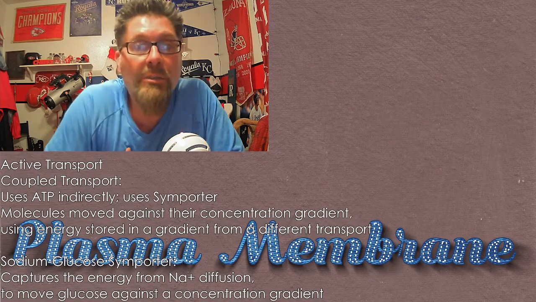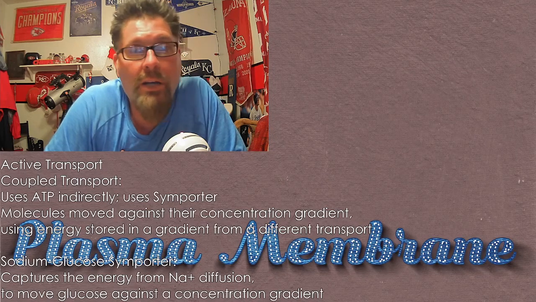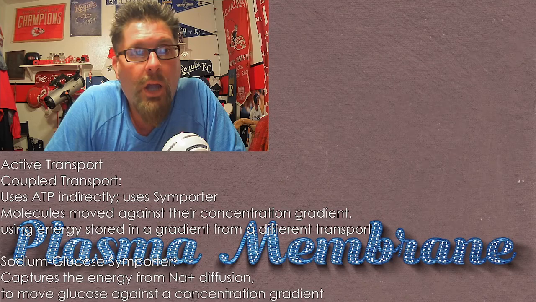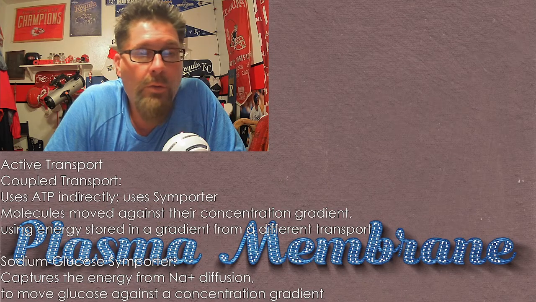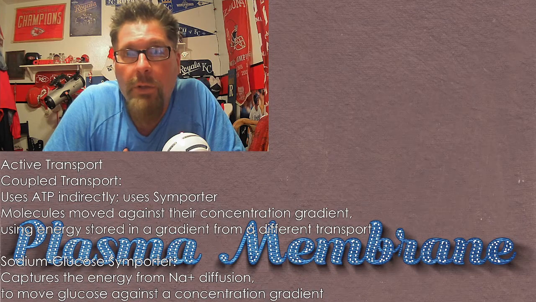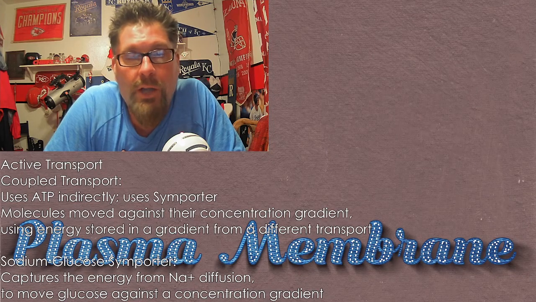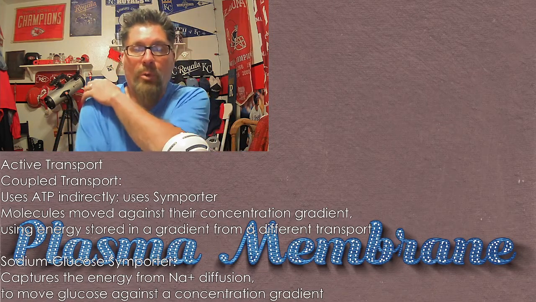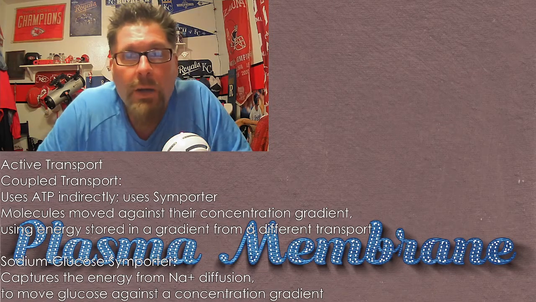Now, the process that we just described with primary and secondary transport is called coupled transport. And it's called coupled because a coupler is something that connects two things. So the two transports, even though they're different transports, are connected by the energy use.